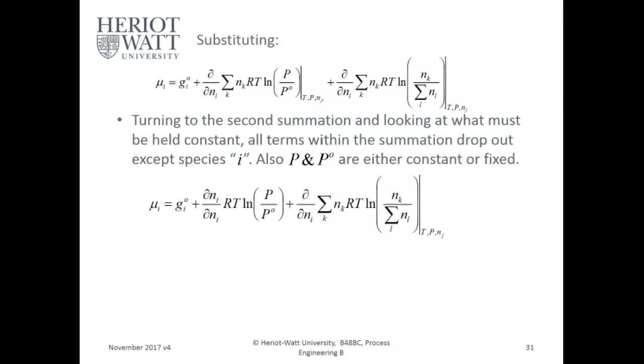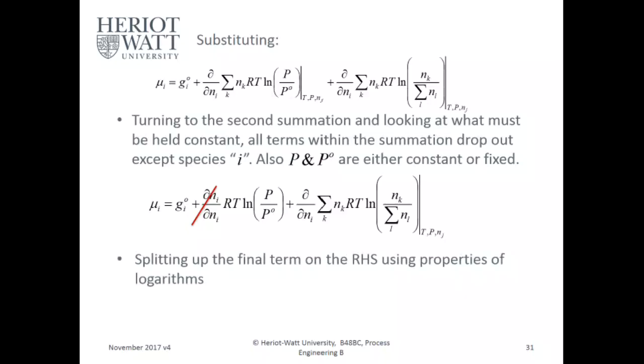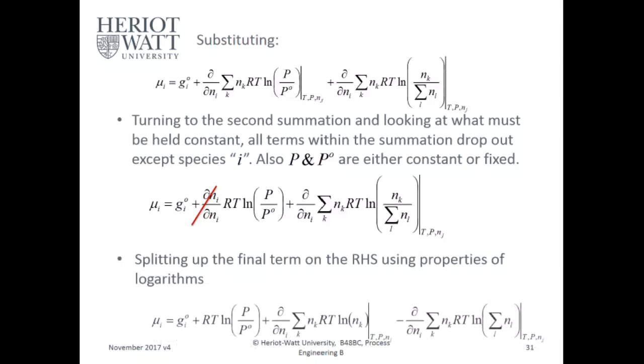Therefore, chemical potential equals GI0 plus the infinitesimal change in Ni over the infinitesimal change in Ni, RT log of P over P0, plus the infinitesimal change of the summation over the infinitesimal change of Ni with the species K. So the change in that specific species. That cancels out, splitting up the final term on the right-hand side using the properties of logarithms.